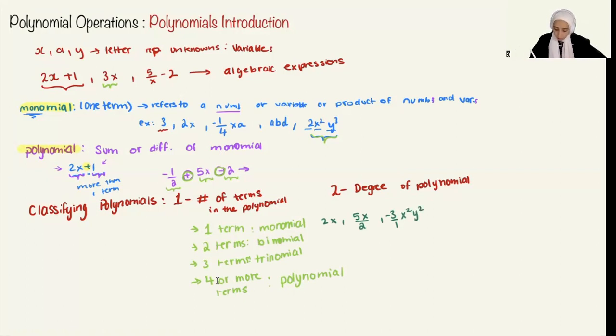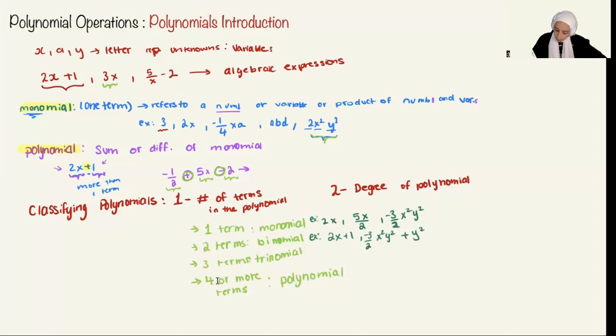It is one term, okay? So let's have a look at binomials. Binomials would be two terms. So I'd have, for instance, 2x plus 1, or -3 over 2, x squared y squared plus y squared, for instance.